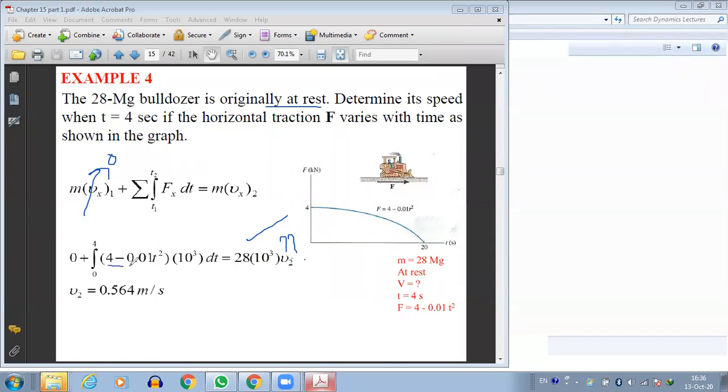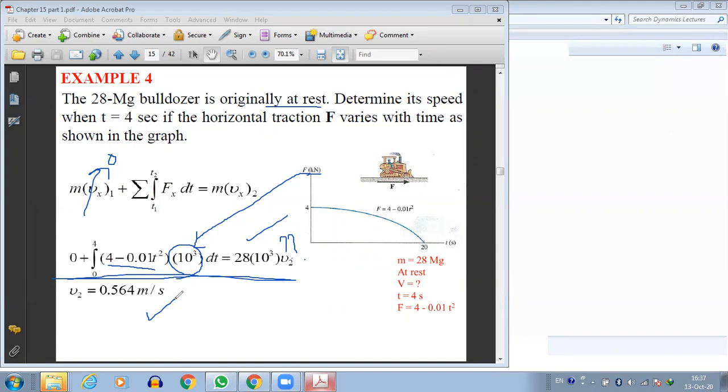So it's 4 minus 0.01 t squared. This was given in kilonewton, that's why 10 to the power 3 is added here. Then we have to integrate it dt from 0 to 4. So now it's just a matter of integrating it yourself to get the velocity.